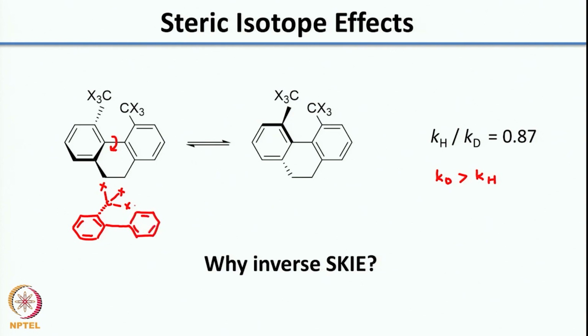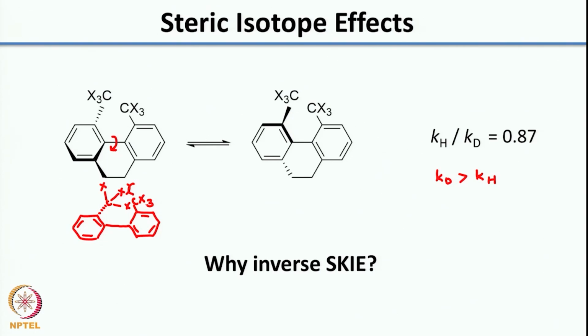So, you have here I am just writing CX3 because it seems like there is steric crowding here as well. So, now when you have a longer CX bond, it will indicate greater steric interaction between these two groups.